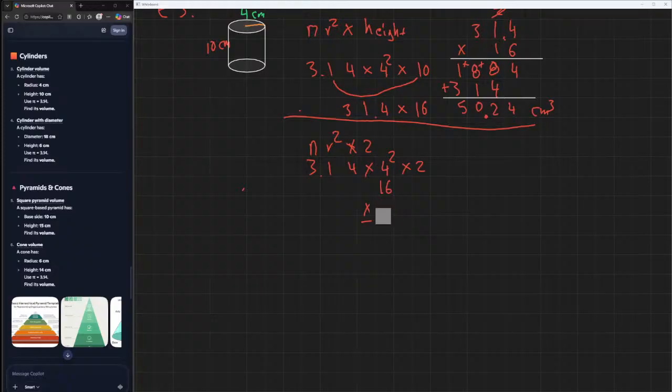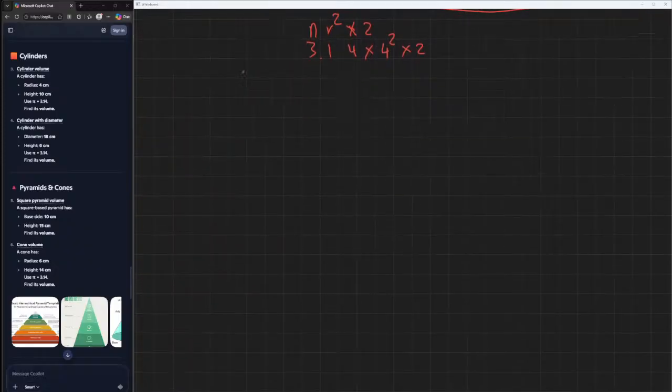Why today am I putting the value there and it makes my life so difficult? I don't know. Okay. So 16 times 2, 32, yeah. So this one is 32.